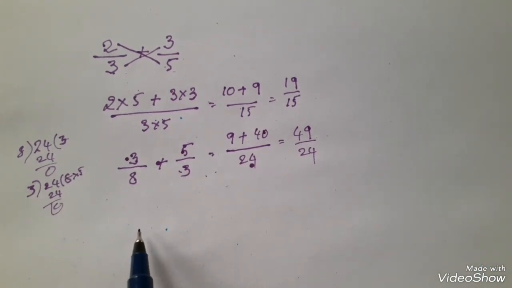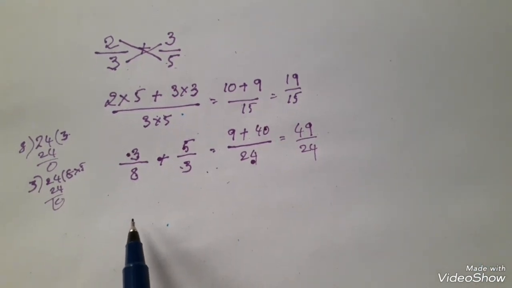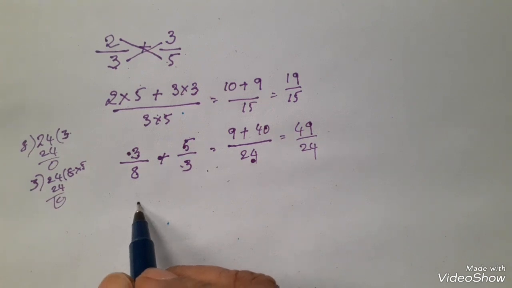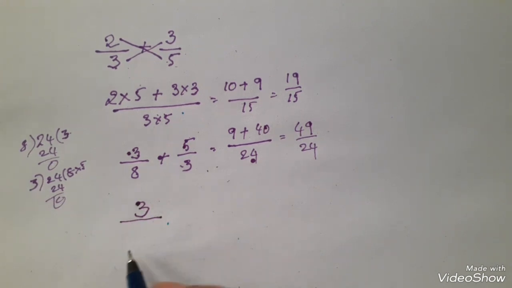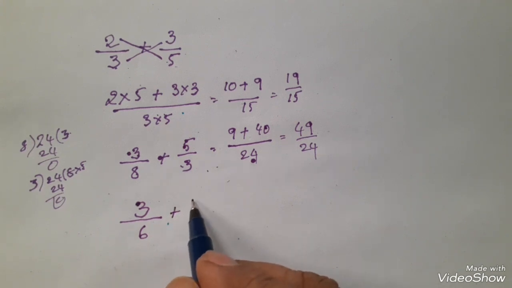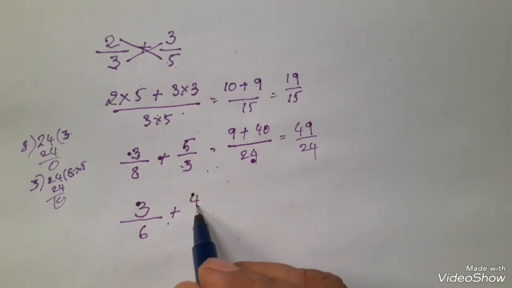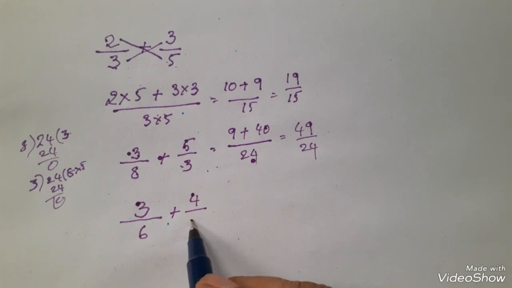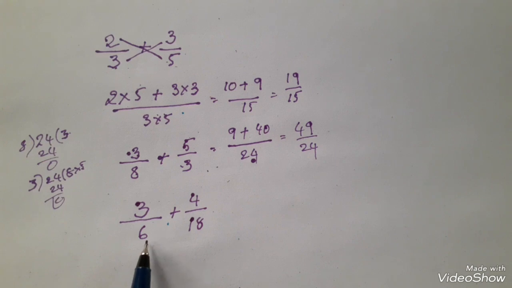For example, one more example, say 3 by 6 plus 4 by 18. So here 6 and 18, 6 is the common factor for both.